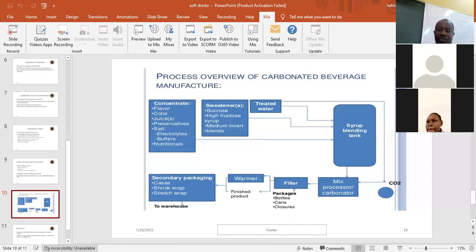Then after that, you have your final product, which is taken to a final crate, or taken for further storage, or even shipped to the consumer. So you get your soft drink at your favorite joint. So that is the procedure, and I think I'm through with my lesson.